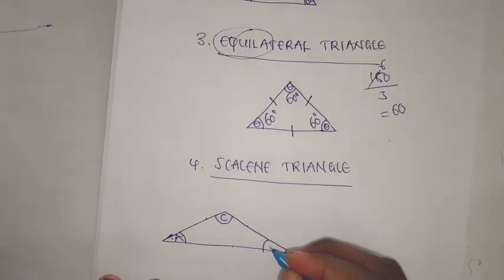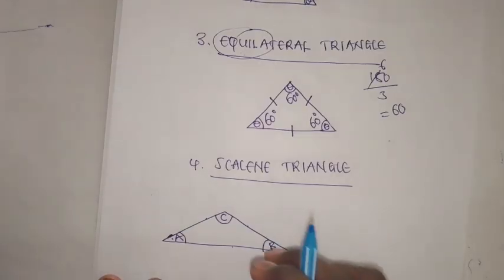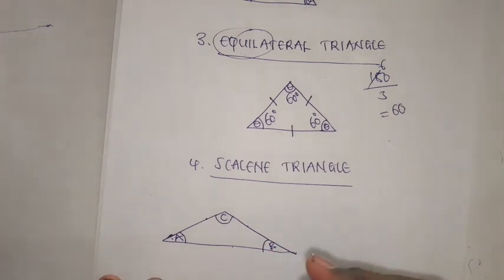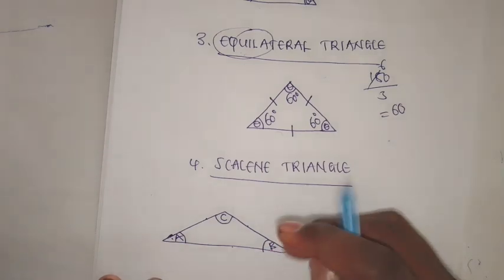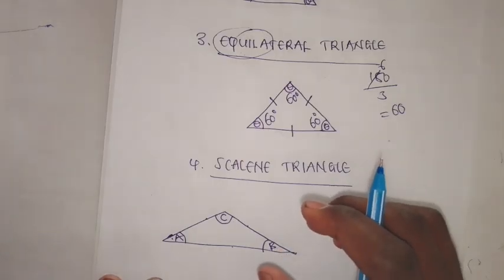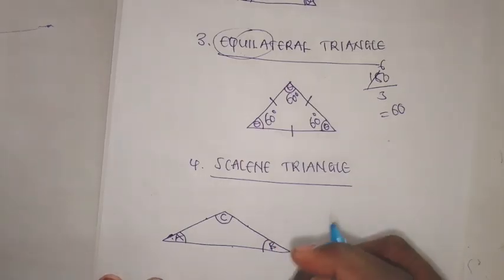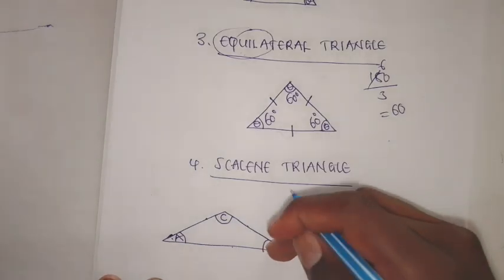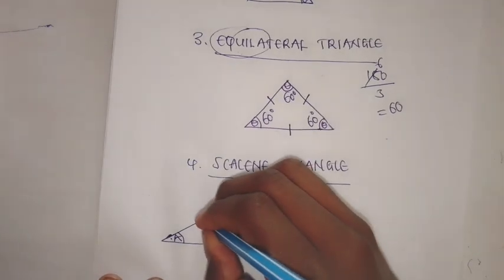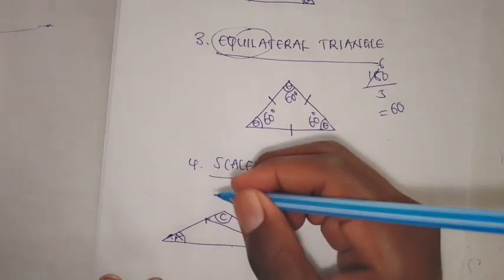Then this is going to be our B. Now the opposite of this one, we name it as small letter b.